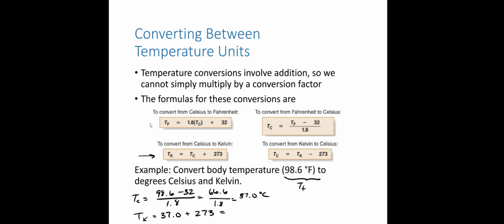And when we do that, we're going to come out with 310. And treating that as exact, I'll put that as 310.0, and the units would be Kelvin. Technically, if I wanted to go further, I should have added 273.15, so 310.15 or 310.2 Kelvin would have been a better answer in terms of accuracy. But this is going to be good enough for what we need to do here.